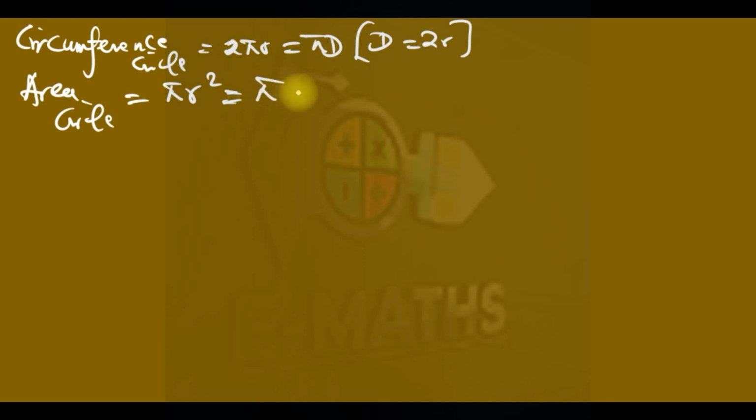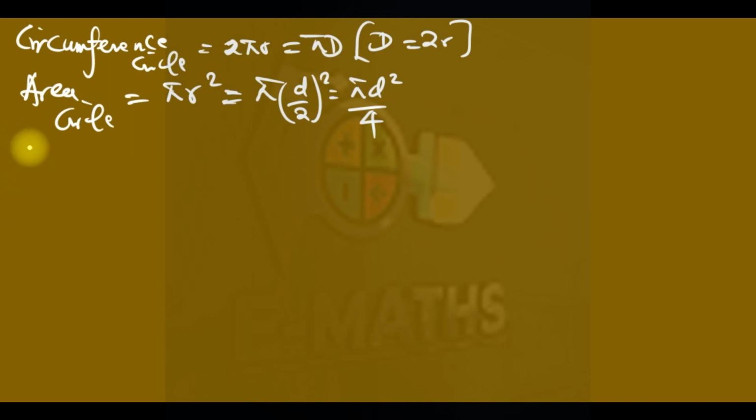Since we know that the circumference of a circle is always 2 pi r, or maybe pi d, because diameter is 2 times radius, and we know that the area of a circle is always pi r squared, or in terms of diameter, pi d over 2 squared, which is pi d squared over 4. So it's either this or this.